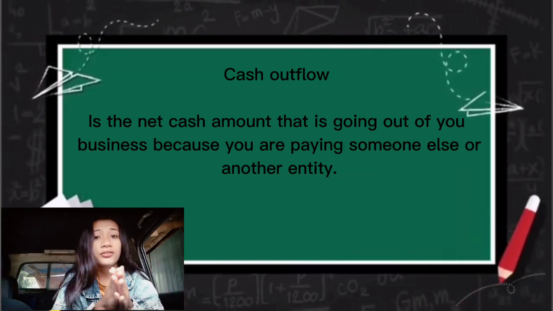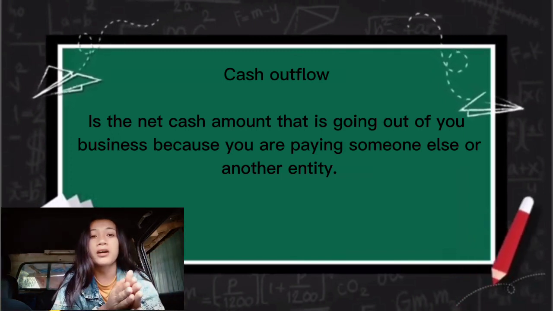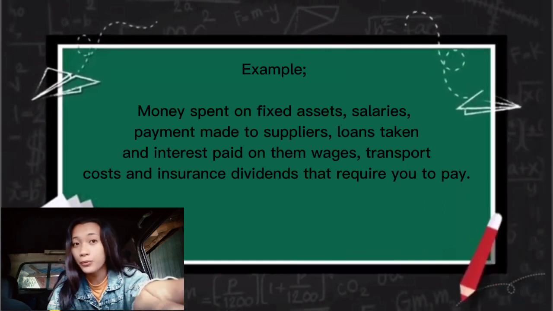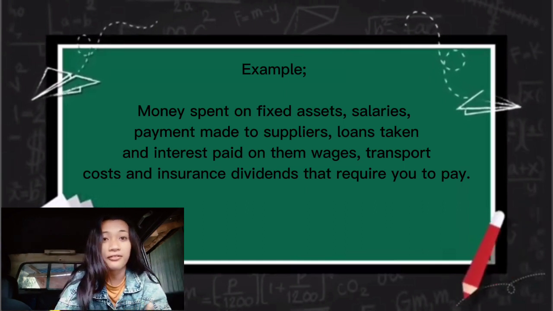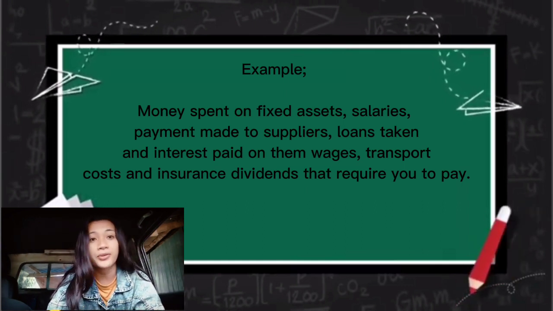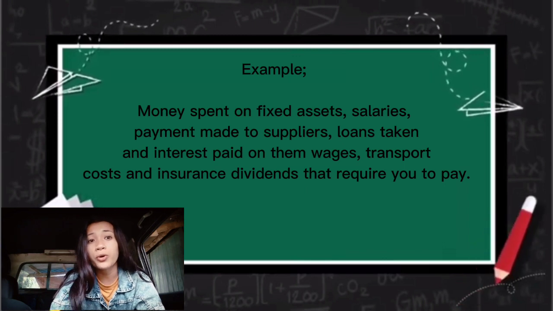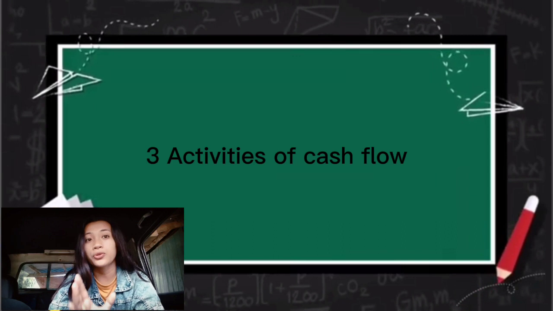While cash outflow is the net cash amount that is going out of your business because you are paying someone else or another entity. Example, money spent on fixed assets, salaries, payments made to suppliers, loans taken and interest paid, wages, transport costs, and insurance dividends that require you to pay.